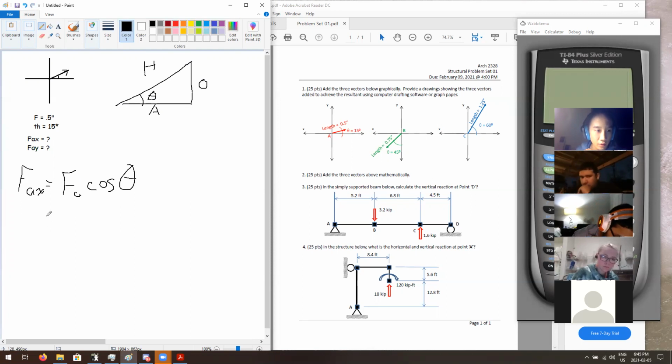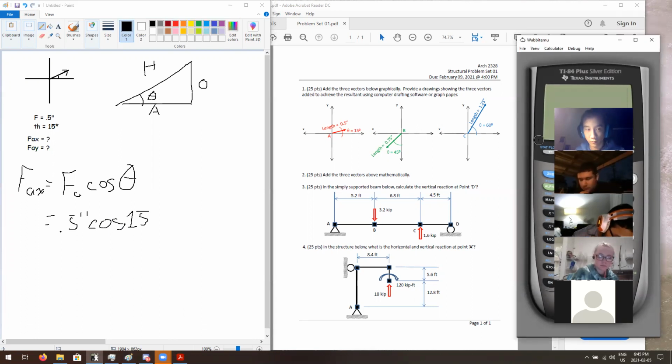F sub A x equals 0.5 inches times cosine of 15 degrees. Pull out your calculator. Cosine is adjacent over hypotenuse. And sine is opposite over hypotenuse, right?